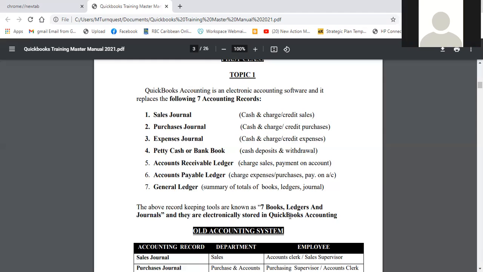Can you say the examples of charge expenses again? Yeah, charge expenses are like the light bill, water and sewage bill. Normally you get them in a statement through the mail or email.